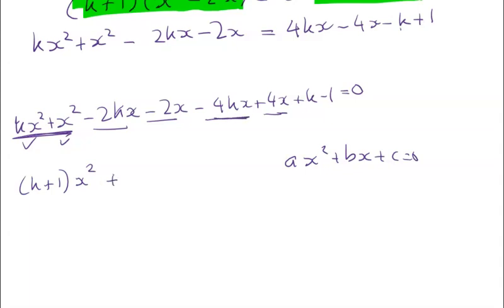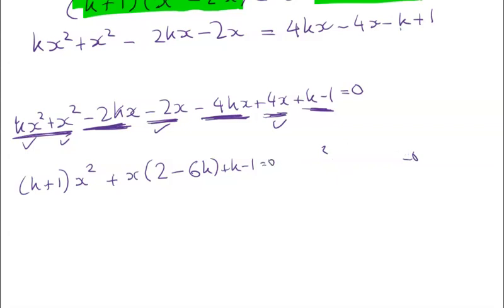So I'm going to write that as plus x times (minus 2 plus 4), which gives me 2. So I've got 2x here, and I've got minus 2kx minus 4kx, which gives me minus 6k. And lastly, I've got k minus 1 here. And that all equals 0.